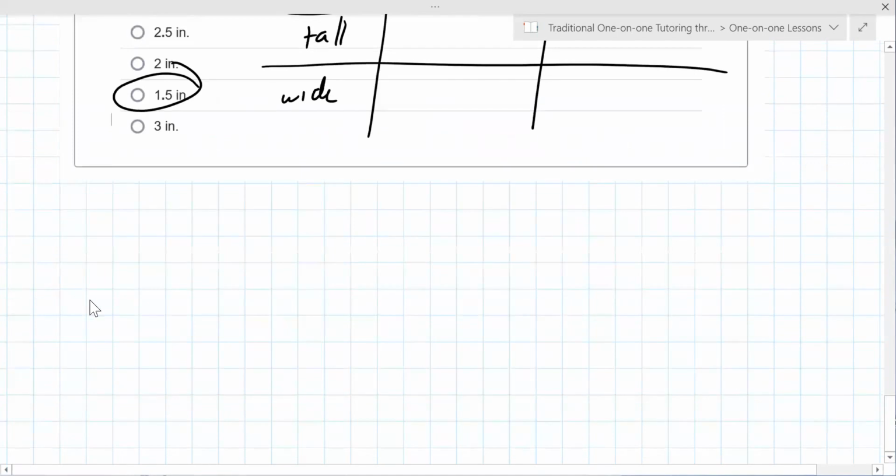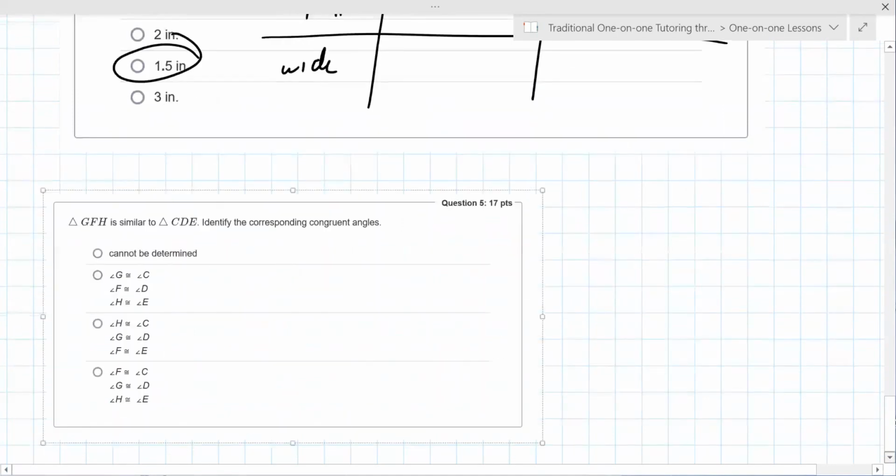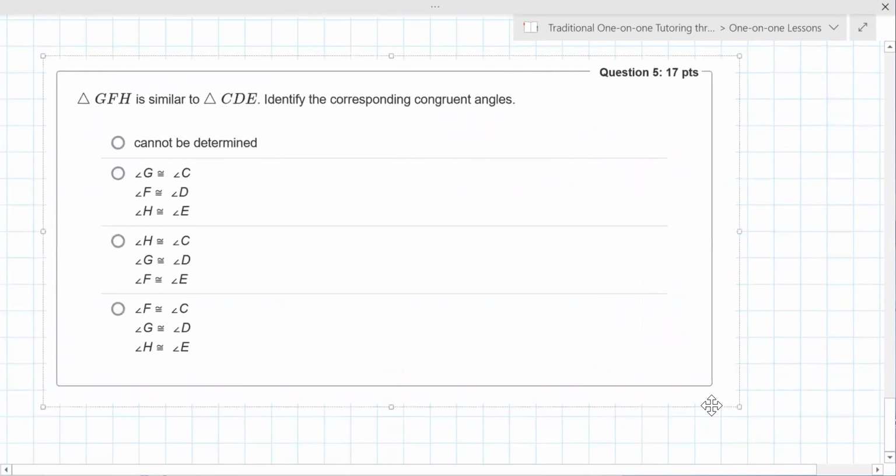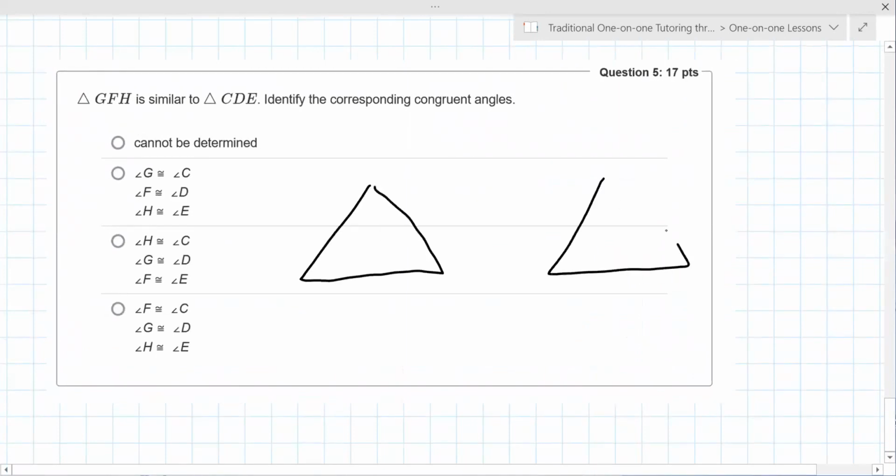All right. So here we go. We talked about this a lot last semester, and let's say it's G to F to H and C to D to E, and notice that the order has to be the same. So the letters tell you which ones are the same.